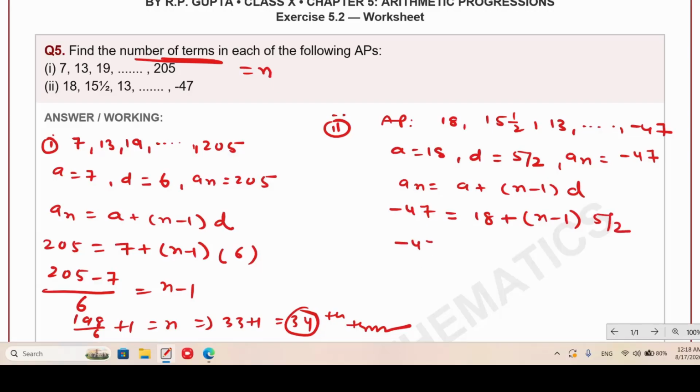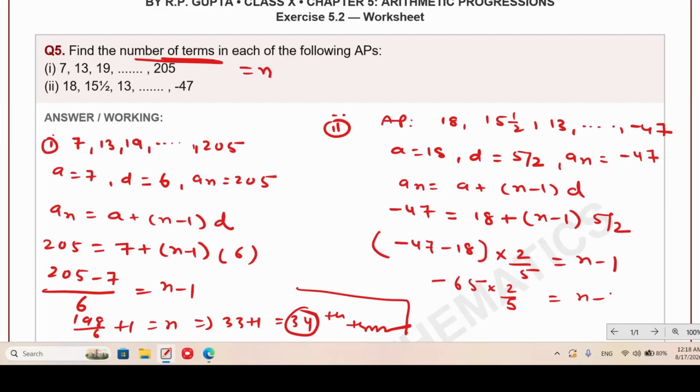So negative 47 minus 18, this is multiplied by 2 by 5, is equal to n minus 1. Okay, I hope you understand here what I did. So this one is negative 65 times 2 over 5 is equal to n minus 1.